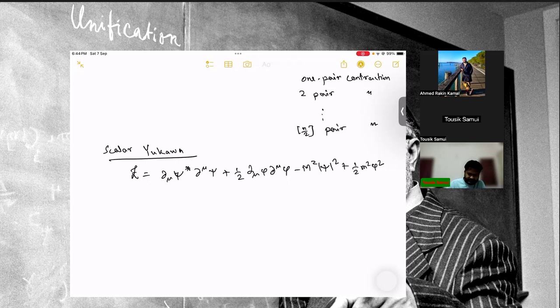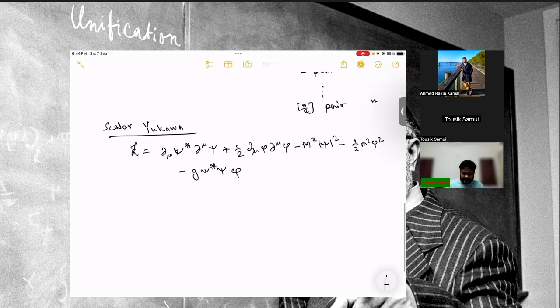These come with a minus sign. And then we introduce the interaction term, which is very important for what we are going to discuss. This is the L interaction term.